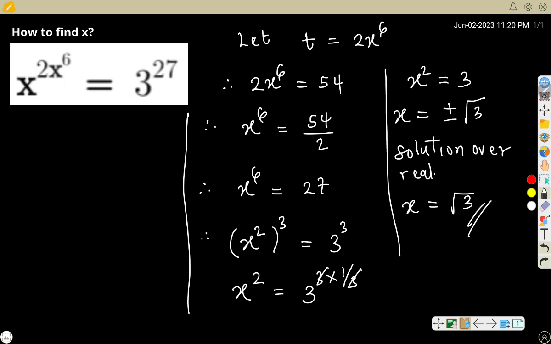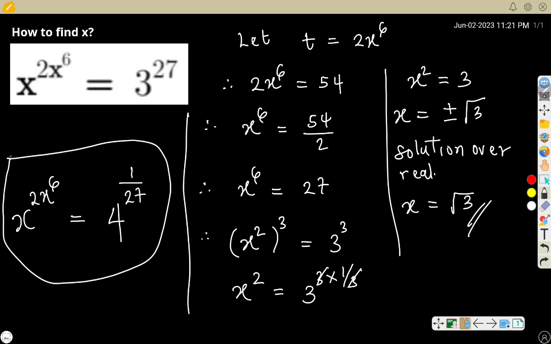If it is this method I use, it will give you the answer for any question in this case. So let's say we have x raised to power 2, x raised to power 6, the same thing, then raised to power 3, 4 raised to power 1 over 27. Let's say I change the same question to this. So use any other method you think you know.